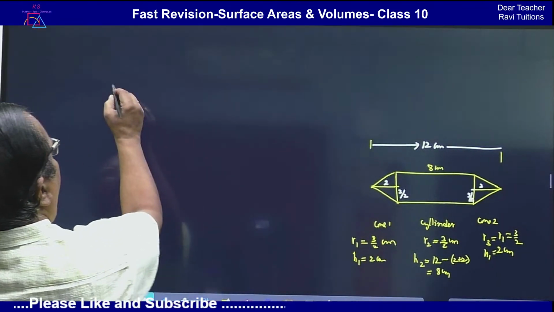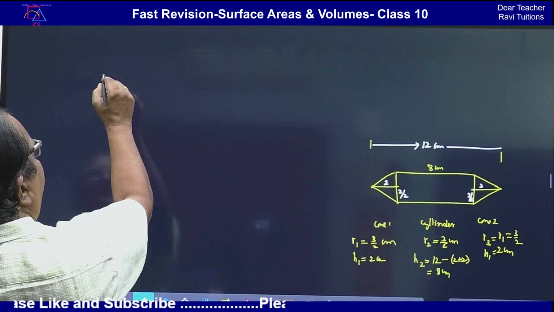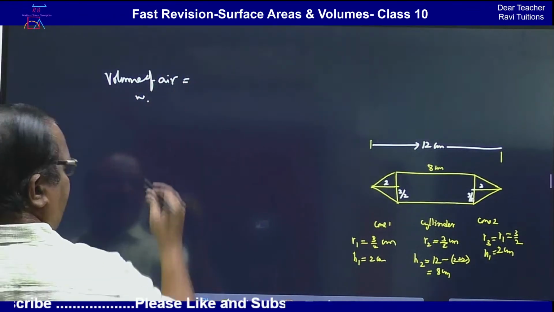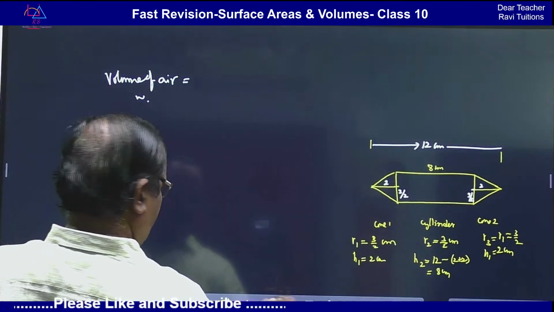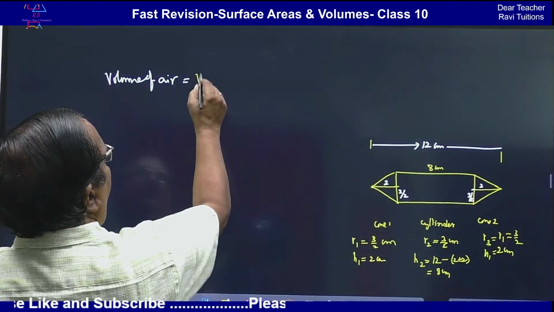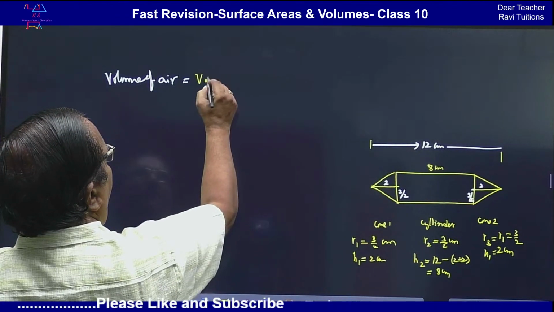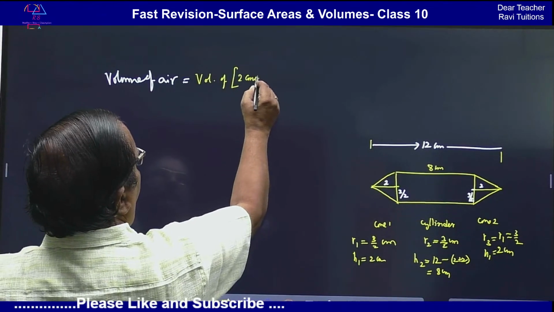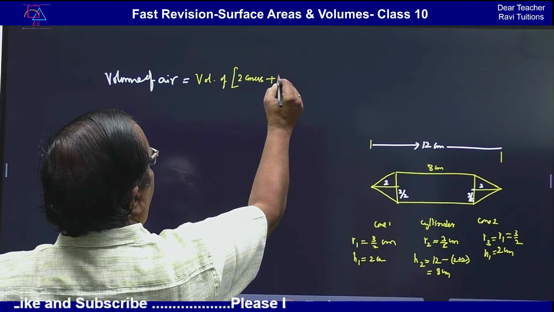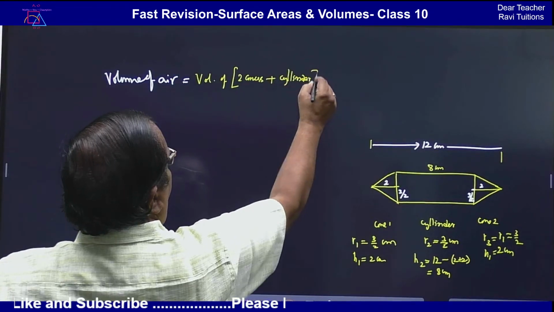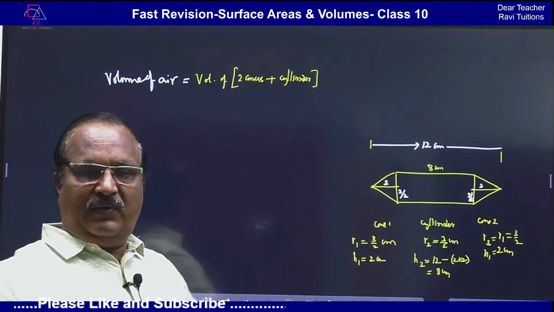So the volume of air is equal to volume of 2 cones plus cylinder. Both the cones are equal only.